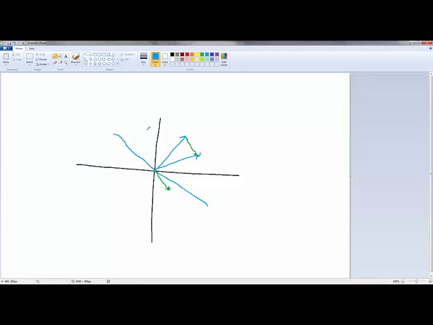And this will give us a new separating plane here, which can now correctly classify this point. Okay, so if we have a positive point that we classify incorrectly, we're going to push the weight vector towards that point. And if we push the weight vector close enough to that point, then we're eventually going to be able to classify it correctly. So that's the idea there.